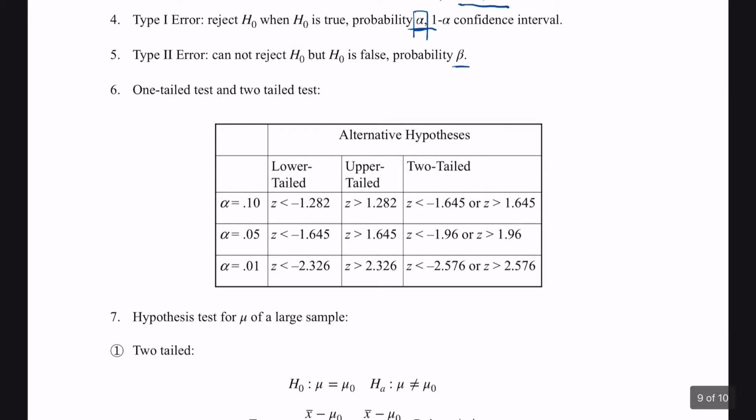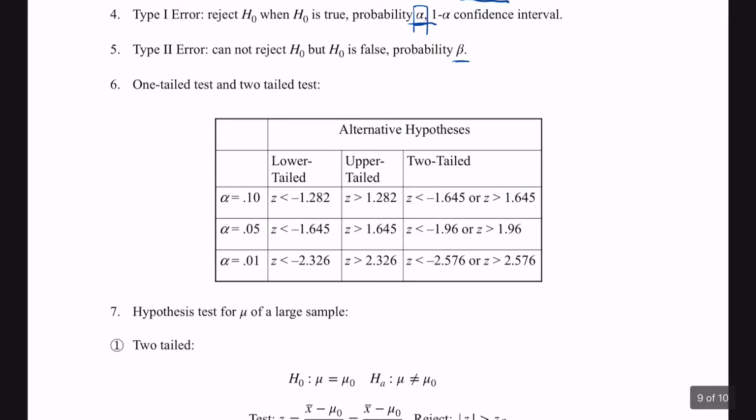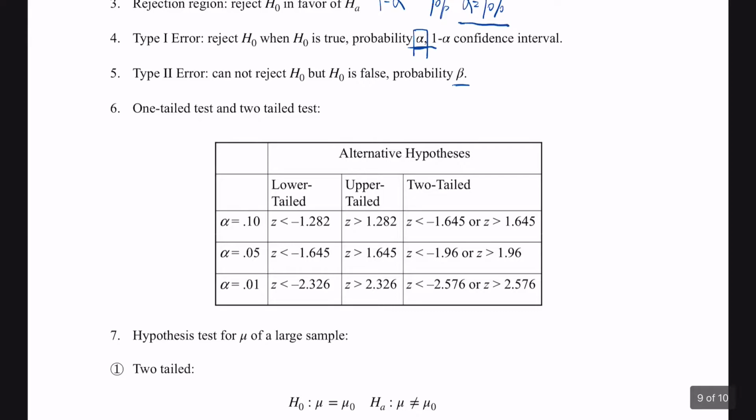So this is how we do the test. Different alpha has different z-score, and if you go over the z-score, you should reject it. Also, similar to the confidence interval chapter, there are 3 types of hypothesis testing that we will discuss. The first type is the hypothesis test for the population mean of a large sample, then the test of a sample mean of a small sample with a normal distribution.